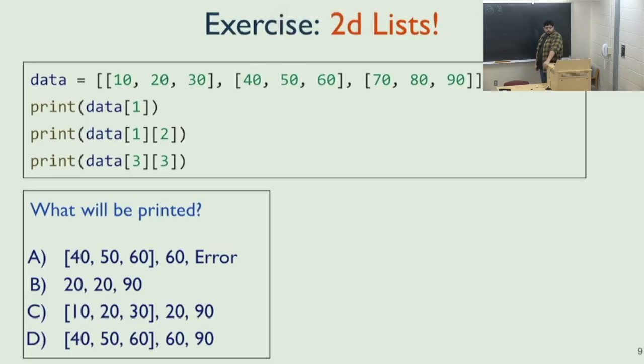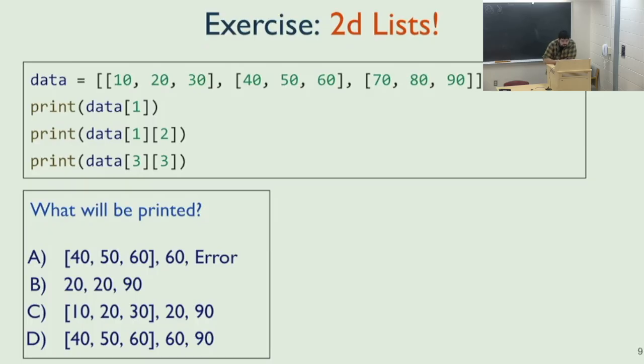What will be printed when we do the following? Yeah? What is it? A. Why is it A?